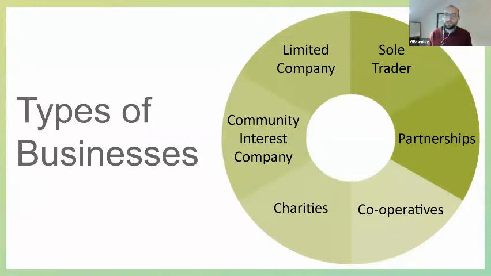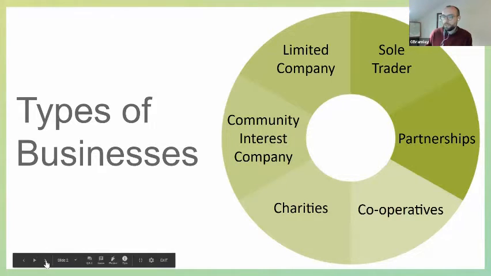Chris and I are going to take alternate slides just so you know how it works. And as we come on to the latter points, perhaps we'll focus a little bit more on limited companies, because certainly Chris and I feel that might allow the most flexibility of the different models, and we'll explain a bit more as we go through. So Chris, over to you for the next slide.